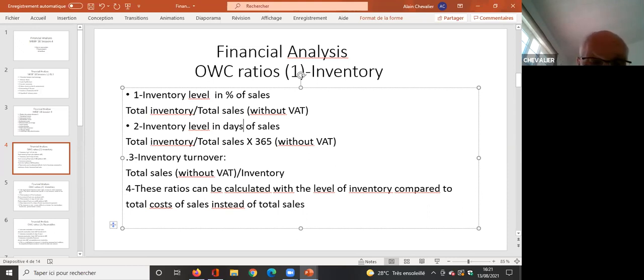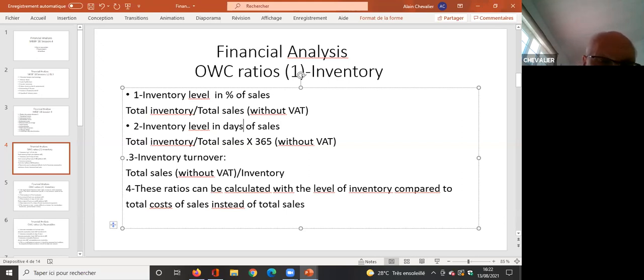So that means the cost of sales is 100 multiplied by 1 minus 0.1. So I have to recalculate to get a proxy of the cost of sales. It's something you can do, but it's a proxy. It's not the true value you can find in the US-based approach.